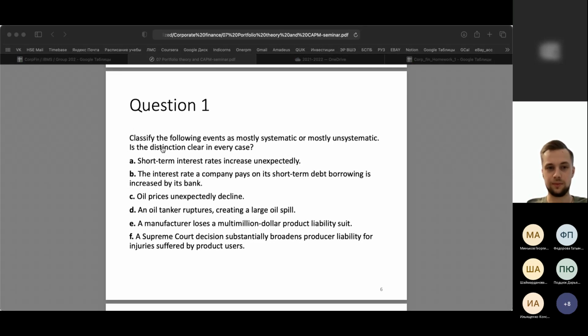So that's why A is systematic, because short-term interest rates affect the whole market or the whole system, let's say. Yeah, in other words, all the companies in the market. Okay. And what about the second one? If the interest is raised by the bank of some company or some specific body.